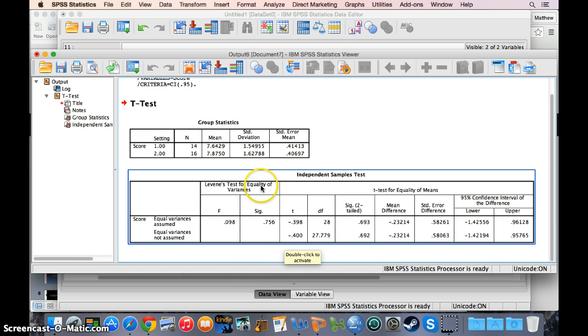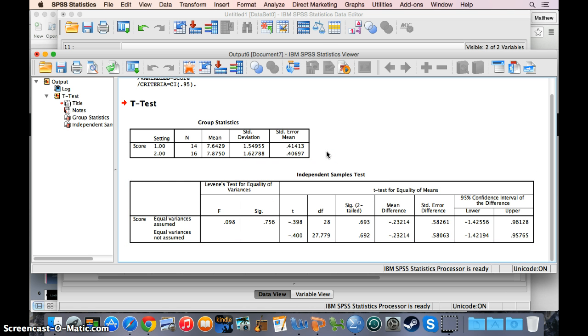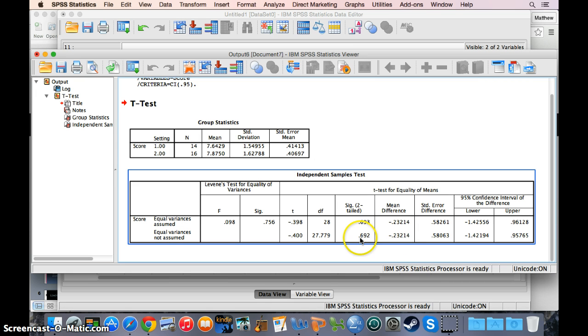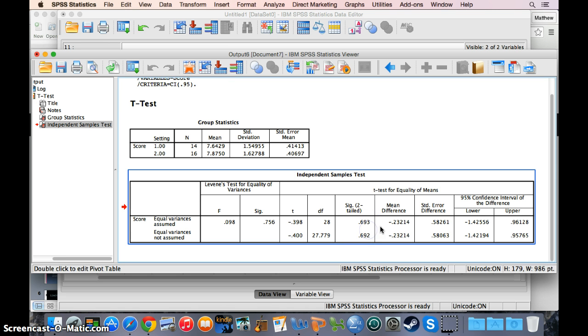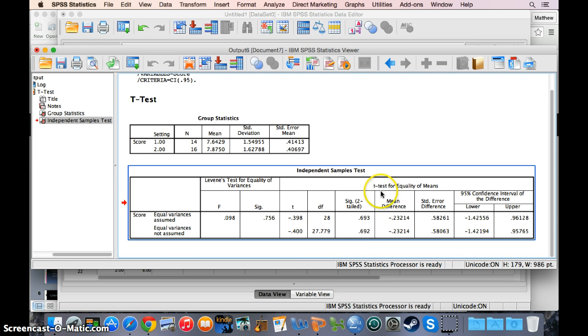Levene's test, once again, will show you whether or not there is homogeneity of variance, which I pronounce differently each time, I'm aware. And here we will look at the significance of two-tailed, and we will see that the significance for two-tailed distribution is 0.693, and then 0.692.